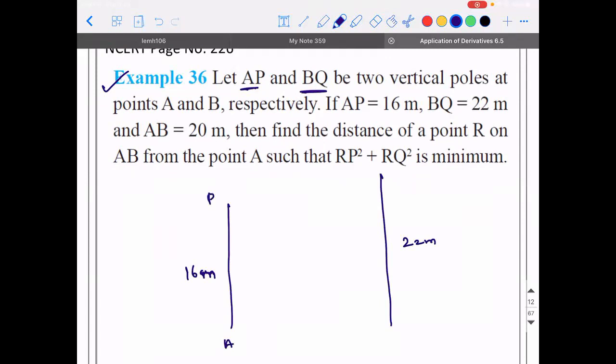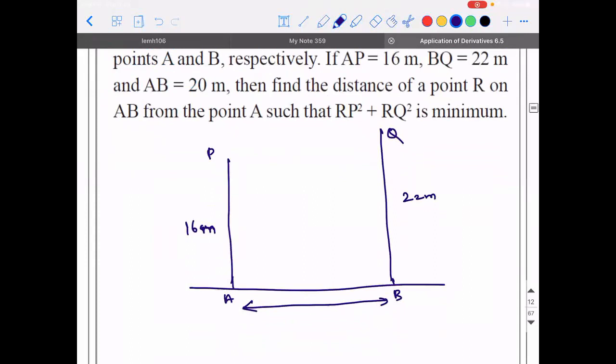This is AP, this is BQ. And AB is 20 meter. Find the distance of a point R on AB such that RP square plus RQ square is least.